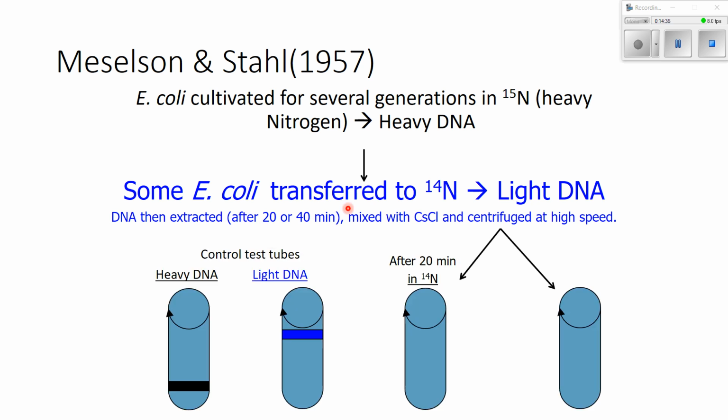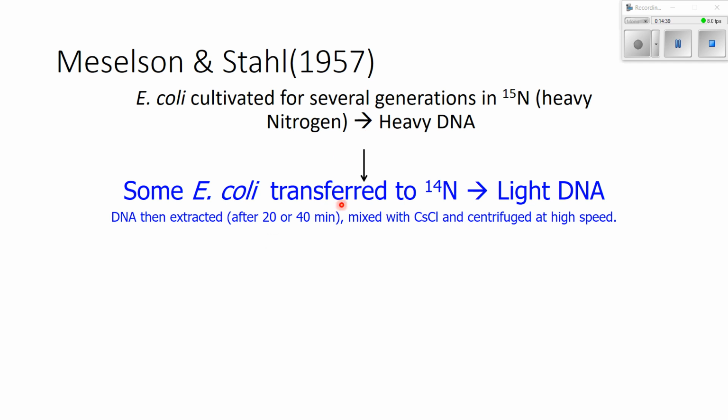Okay, the second time they did this experiment, let me get rid of these test tubes because I don't want to confuse you yet, when they transferred the bacteria into the light nitrogen, they left them in there for 40 minutes, which is enough time to copy the DNA twice.